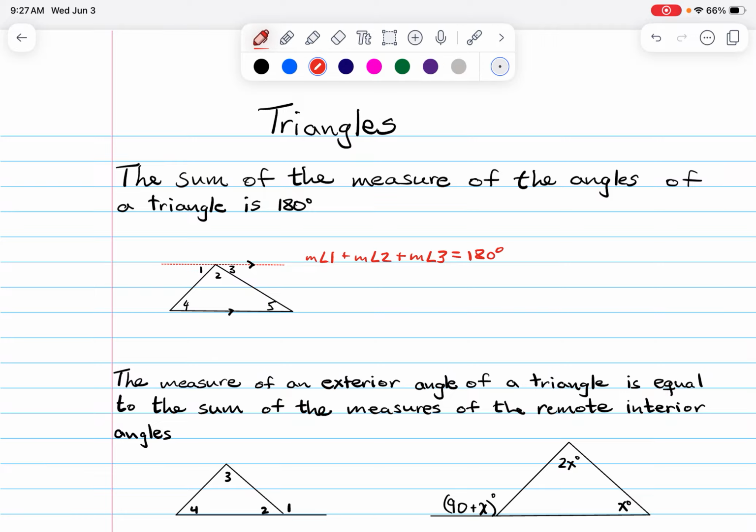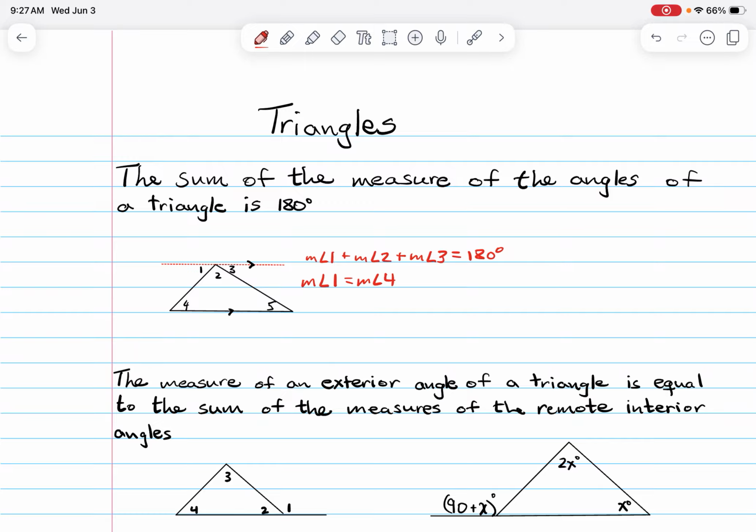Now, we also know that we have this line here, which I drew. This is just an arbitrary line that I drew up here to be parallel to this. We know that these two lines are parallel and they're cut by this transversal. That means the alternate interior angles, angle 1 is congruent to angle 4.